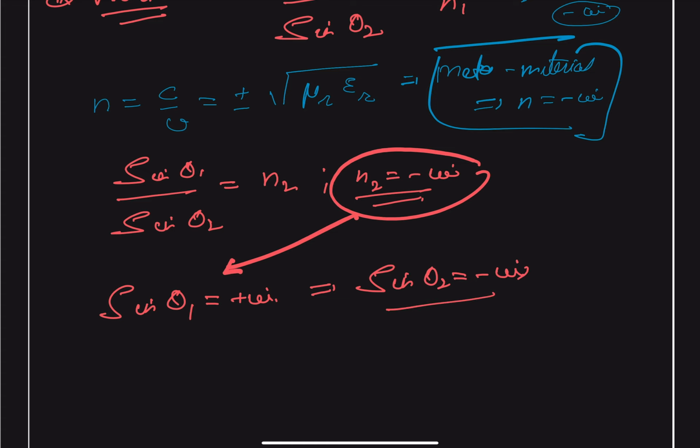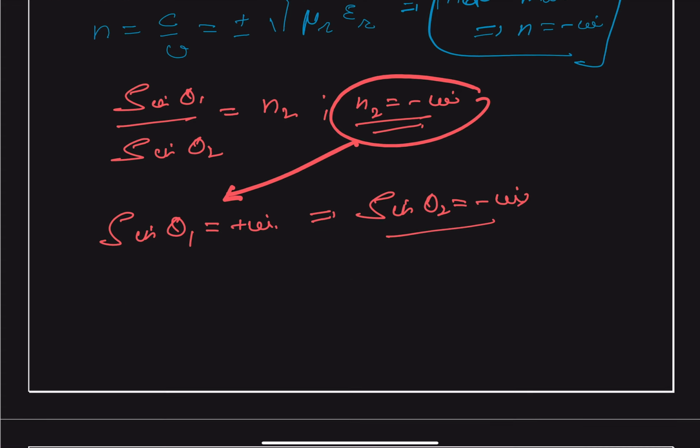Therefore if sine of theta 2 is negative, then theta 2 should lie either in the third or the fourth quadrant.